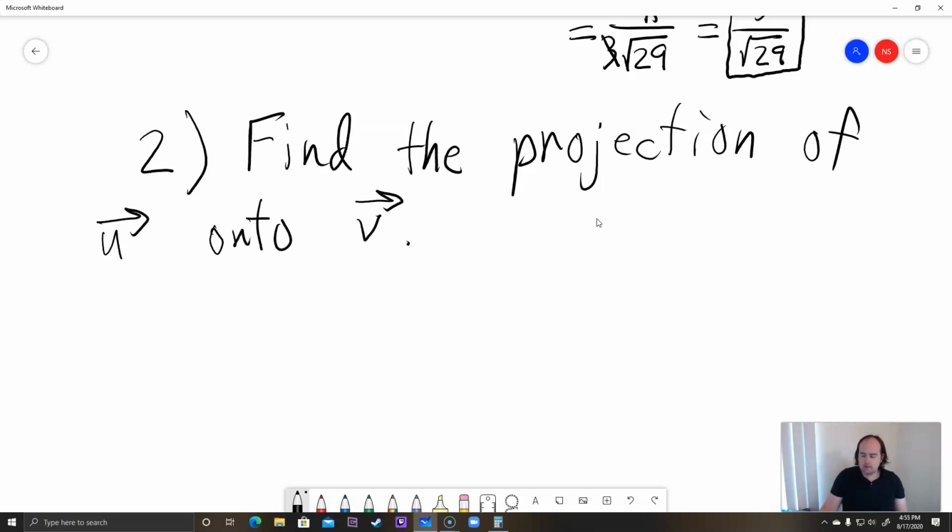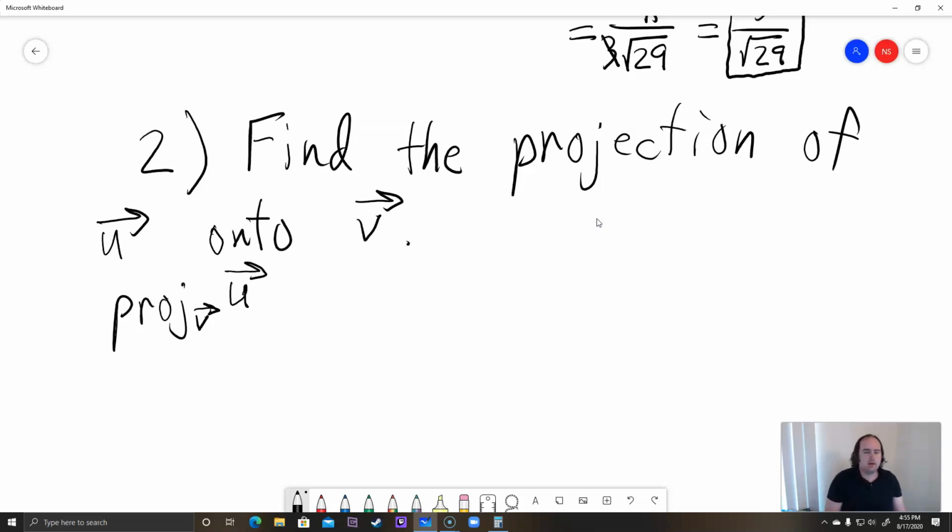So in other words, how do we write it? We write it as proj for projection, and then we write a little subscript of v, and then we write a u as an actual letter.